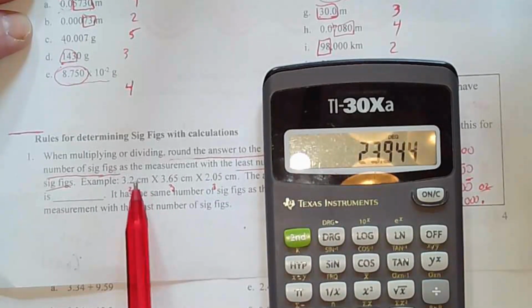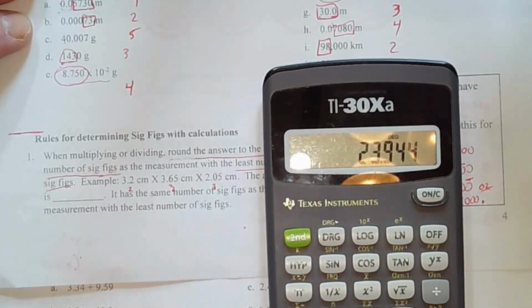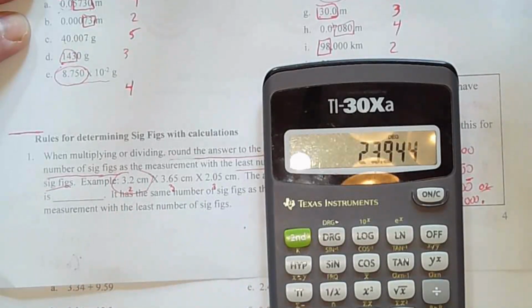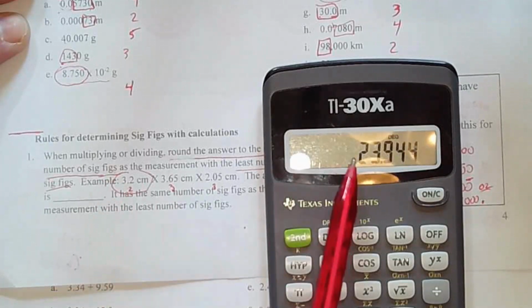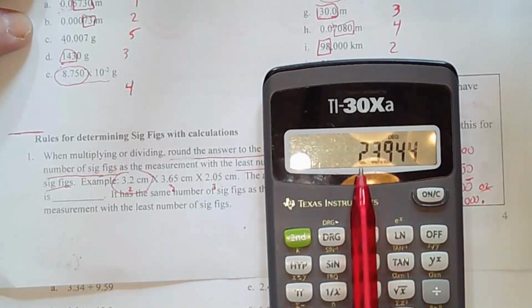So when we're looking at this, remember this has 2 significant figures, this has 3 and 3. The least accurate value, the least number of significant figures, is going to dictate how many significant figures our answer can have. So our answer can only have 2. That means we have to round this value to only 2 significant figures.